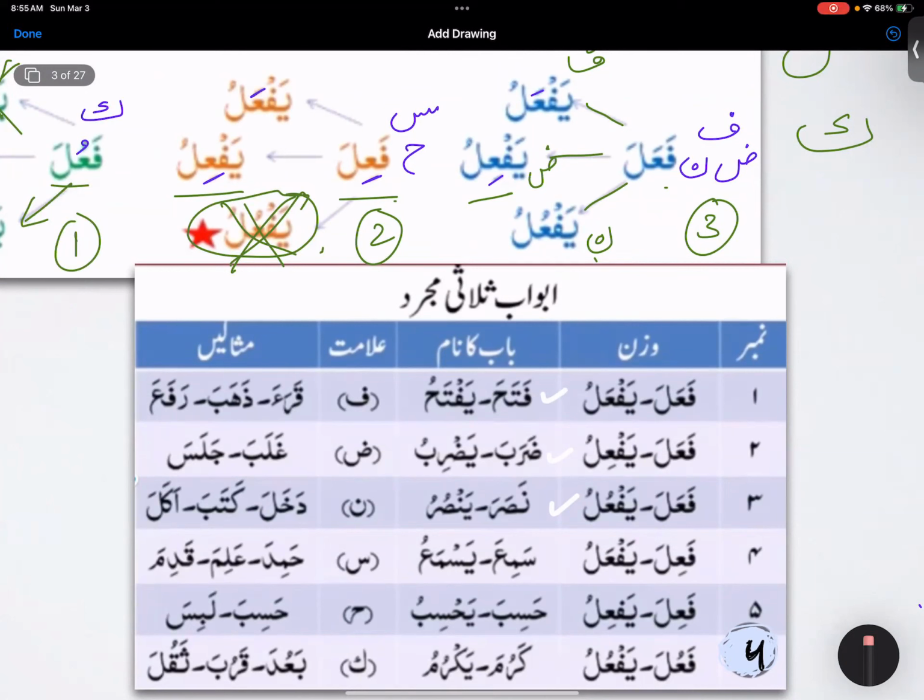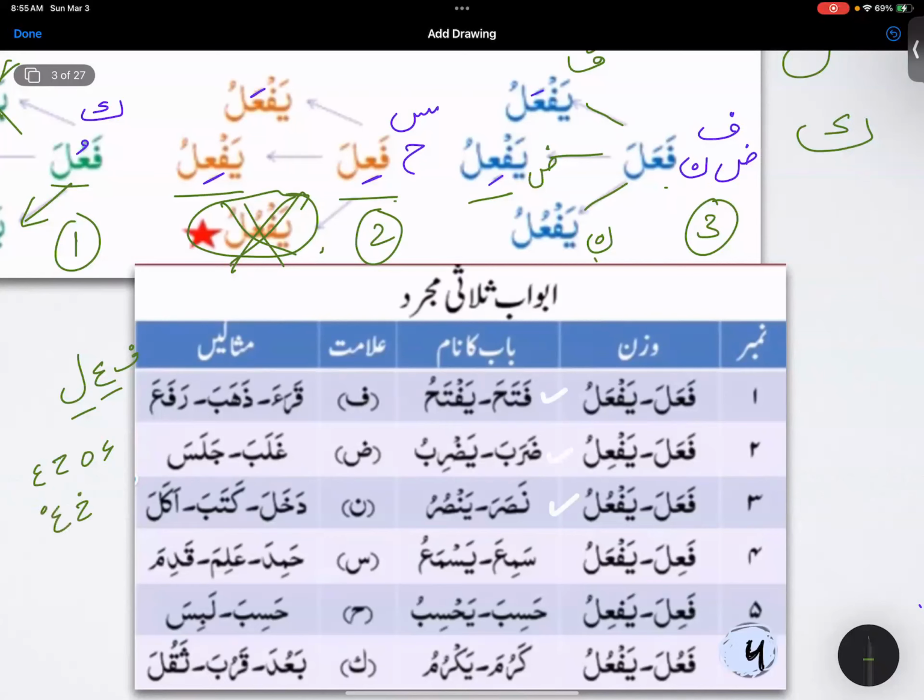One time we were talking about how the fataha family is the one that has to have ain kalima or lam kalima, not fa kalima, rather ain and lam kalima should be huruf halqiya. And what are huruf halqiya? Hamza, ha, ha, ain and ghain.